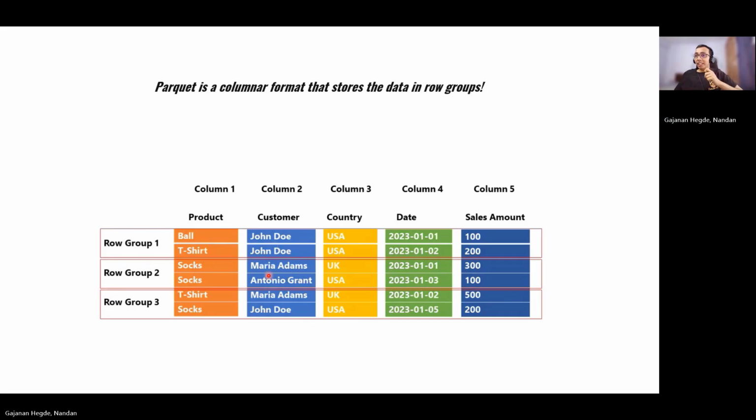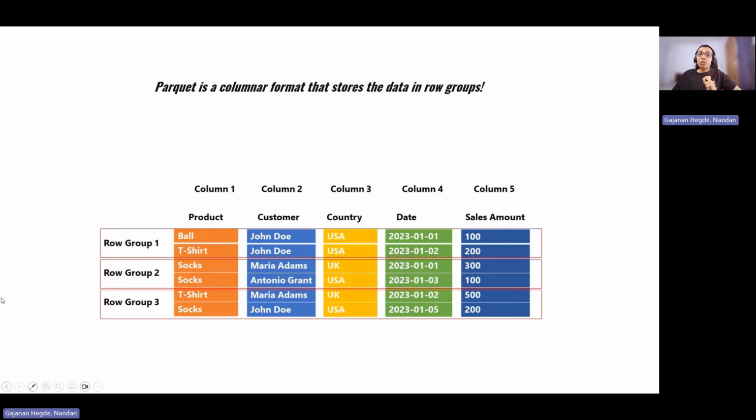And hence, in this case, within the customer column in row group 1, the distinct value is only John Doe. So basically, the Parquet file first scans the metadata, then depending upon the metadata, decides whether to scan or skip the corresponding row group.